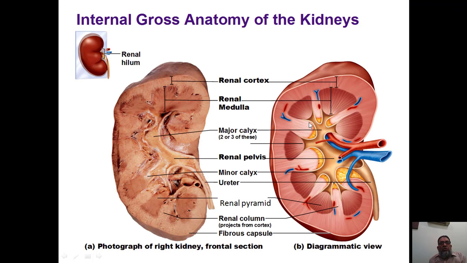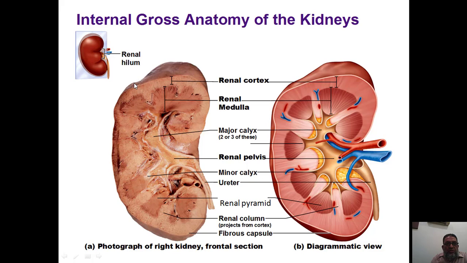Now, the internal gross features of the kidney. This is the diagrammatic presentation of the cut section of a kidney. Look at the visible features, which you can see by the naked eye. This is the hypothetical diagram, and this is the actual cut section. Compare them; they are almost similar in appearance.